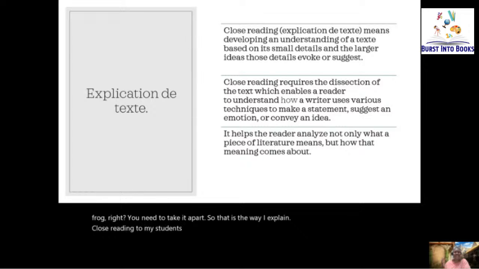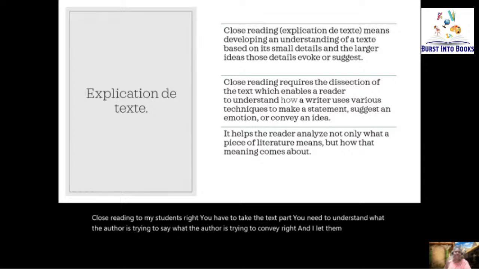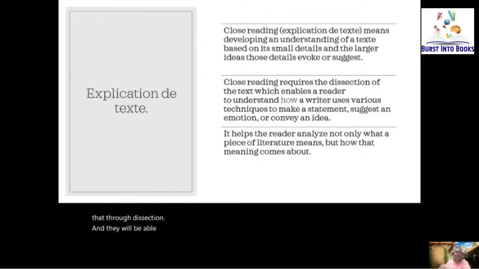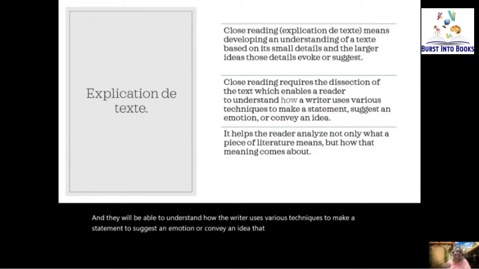You have to take the text apart. You need to understand what the author is trying to say, what the author is trying to convey, right? And I let them know that through dissection, they will be able to understand how the writer uses various techniques to make a statement, to suggest an emotion or convey an idea. That is the only way they are going to be able to understand that.